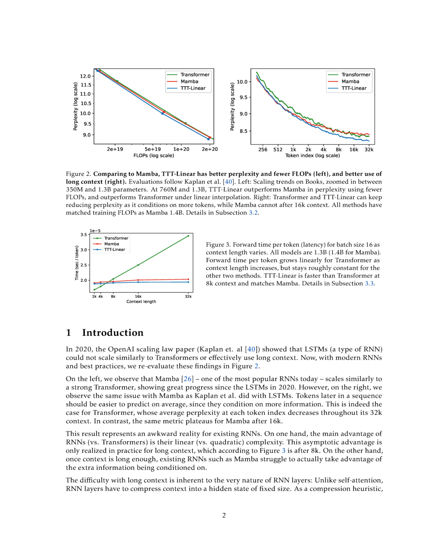TTT linear was shown to be faster than the Transformer at 8K context and matched Mamba in terms of performance. The study demonstrated that TTT layers can take advantage of their larger hidden states to compress more information in long contexts, leading to improved performance over existing RNNs.